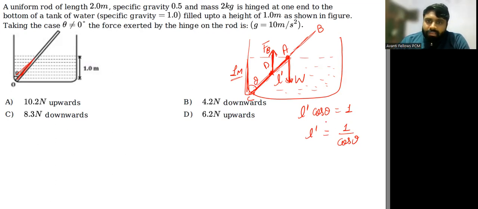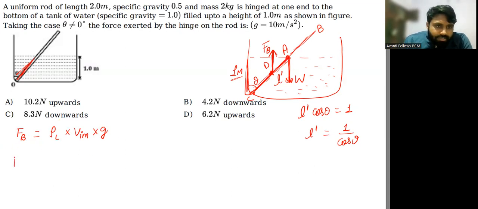Okay. So we know that FB, the buoyant force, is density of liquid multiplied by volume immersed of the body multiplied by gravity. Now we will calculate the FB for it.